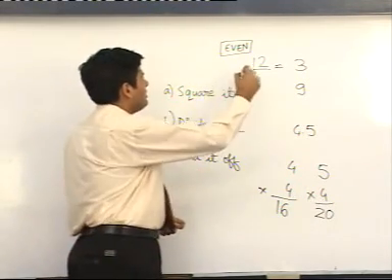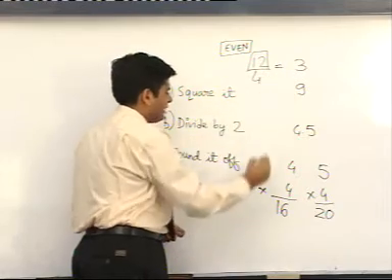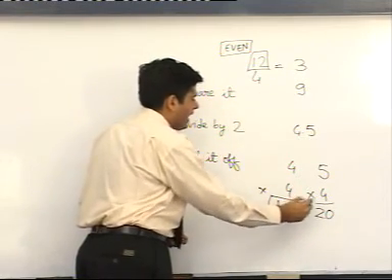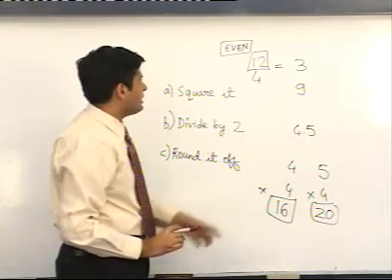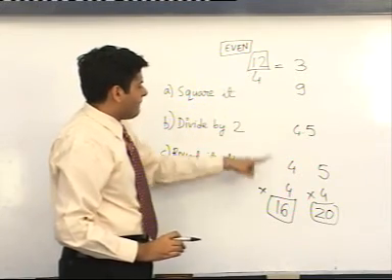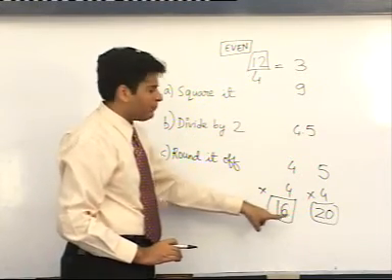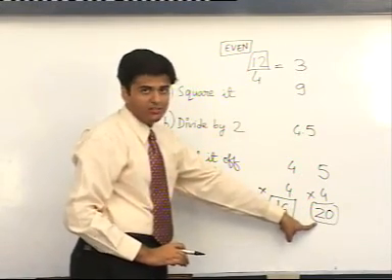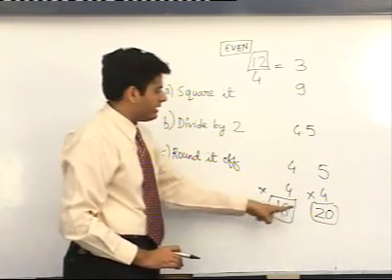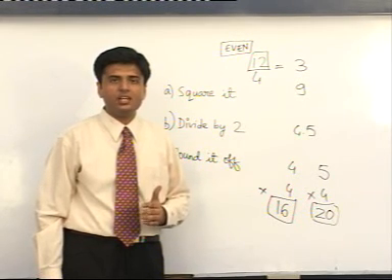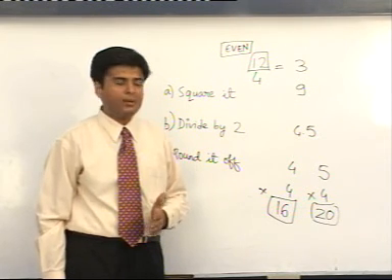Thus 12, 16 and 20 make a Pythagorean triplet. 12 square plus 16 square is 20 square. We can verify it: 144 plus 256 is 400. So with this we have seen how Pythagorean triplets can be formed.